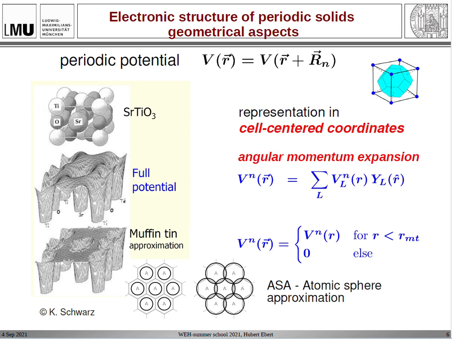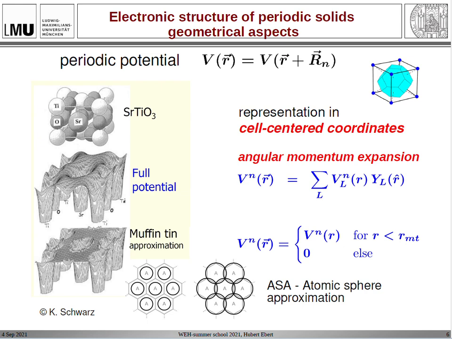So the description we are led to is the so-called muffin-tin description. Inside a cell, we have a spherical regime where the potential is spherically symmetric, and we have some interstitial regime. We can even simplify the potential description more by blowing up the spheres to what are called atomic spheres, and then the interstitial regime vanishes.